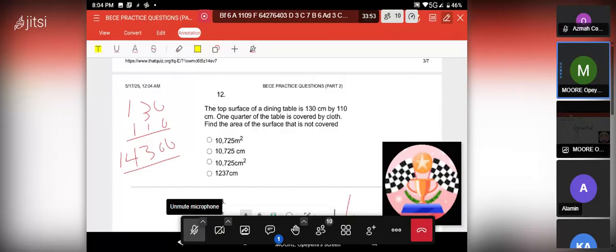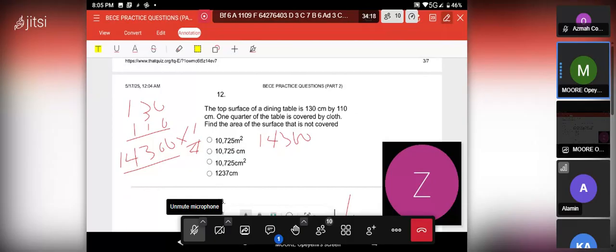They now say 1/4 of the table is covered. 1/4 means 1 over 4, so we multiply by 1 over 4, which means we are dividing 14,300 by 4. Is that clear? Yes, sir.